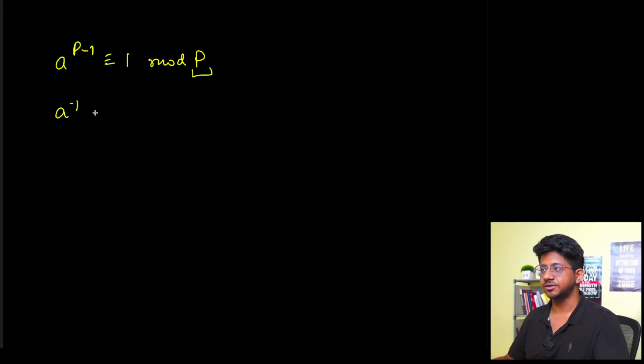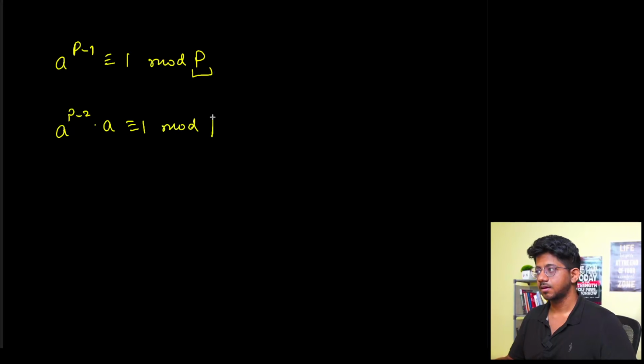One is using Fermat's little theorem, like if p is prime, then a to the power p minus 1 is congruent to 1 mod p. This is something called Fermat's little theorem, which is for prime p's. Now, if you just write it this way, A to the power P... Okay.